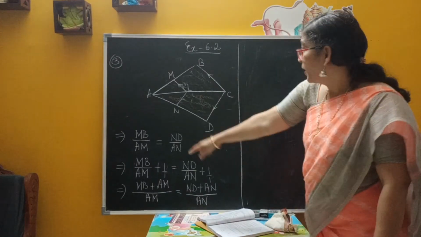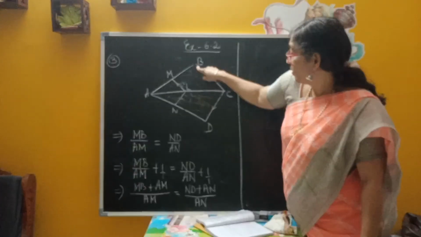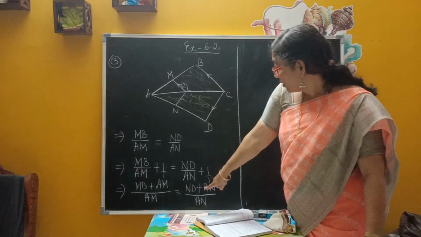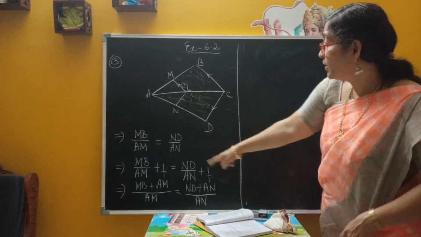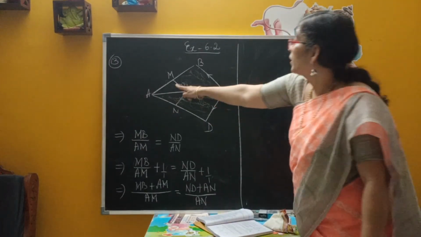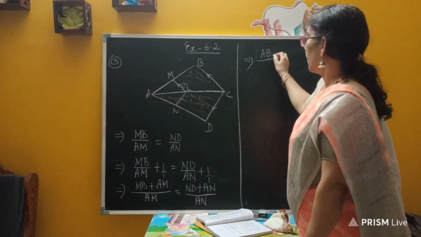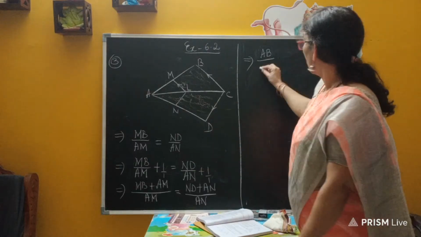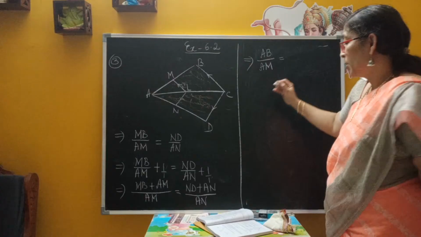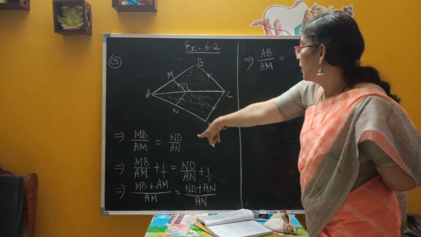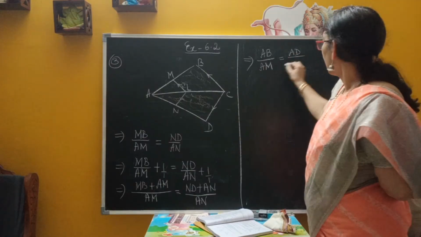So, see the figure, MB plus AM. What do we get? We get AB. Here also, it's again ND plus AN. What do we get? AD. So in place of MB plus AM, I will write AB now. This implies AB by AM is equal to, here ND plus AN is nothing but AD, by AN.